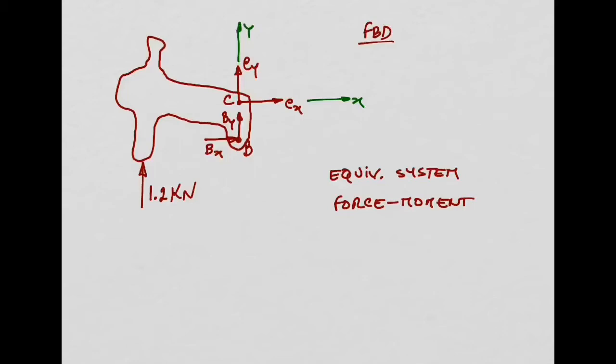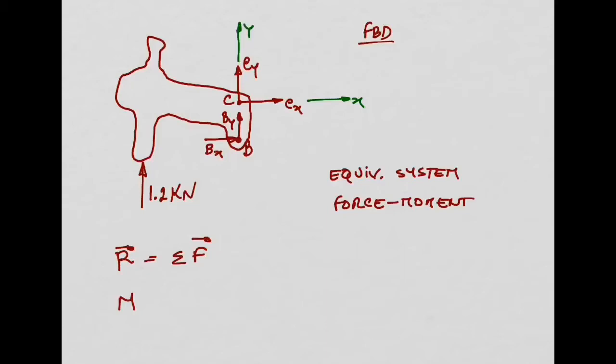So basically what you do is you do summation of forces. You get the resultant of the forces, and you calculate also a moment about any point you want. This is a two-dimensional problem, so you will have only one moment component, in the z direction.